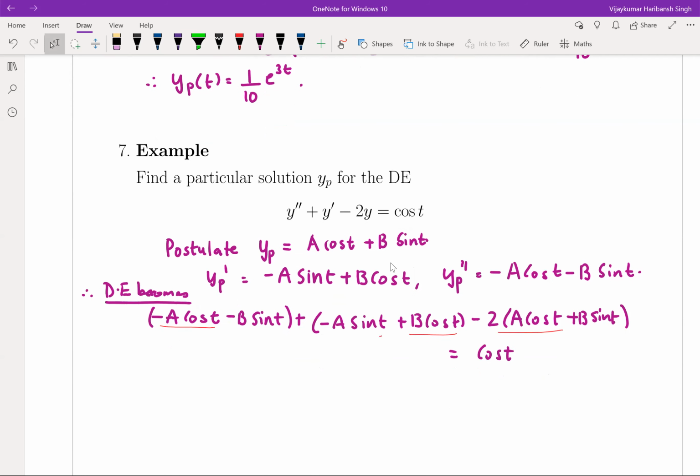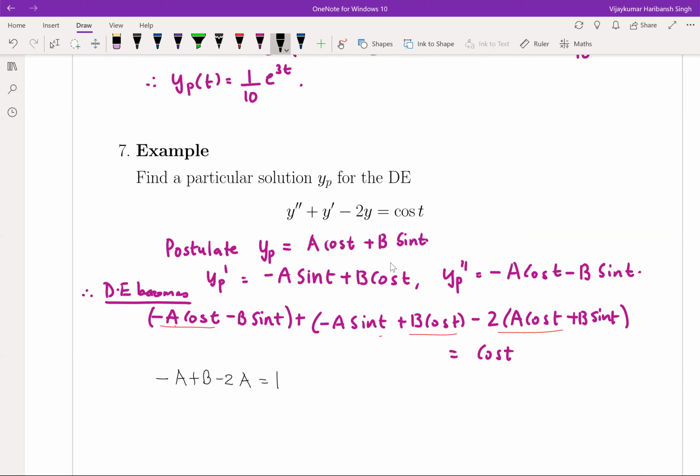We get minus a, minus 2a, plus b, equals 1.